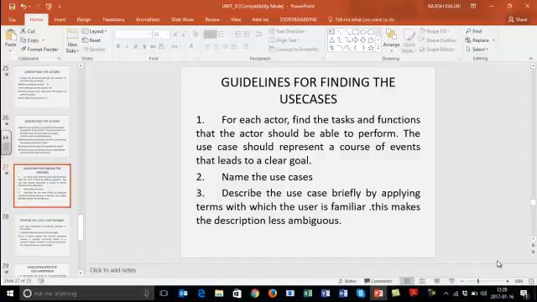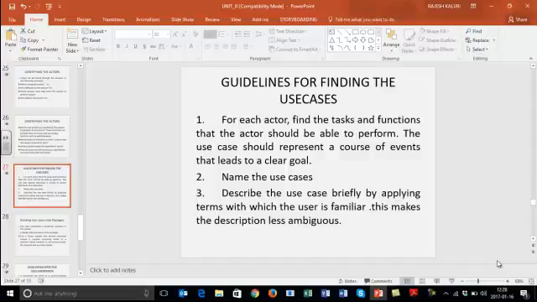And the next one is name the use cases. Whatever number of use cases you have identified, for each and every use case there should be a unique name. The third one is describe the use case briefly by applying terms with which the user is familiar. Finally, this makes the description less ambiguous.